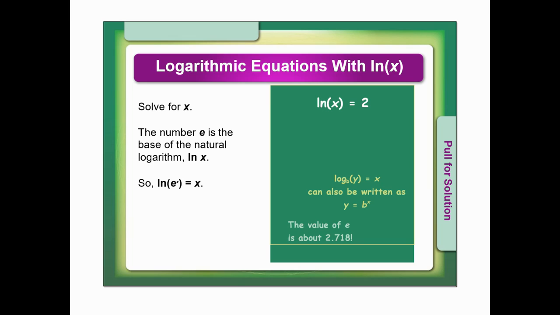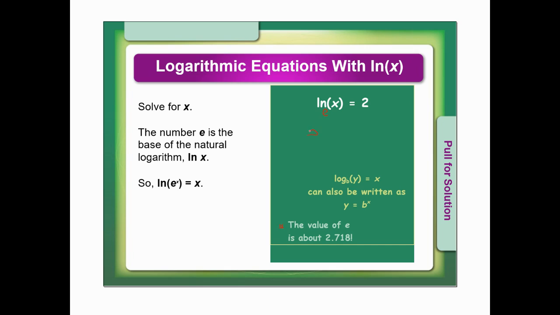When we have logarithmic equations with our natural log, remember that natural log has a base of e. So if we take a look at this, I can write e to the 2nd power equals x. It's outlined right here for us. Log with base b of y equals x can be written as y equals b to the x. So we also remember the value of e is about 2.718.